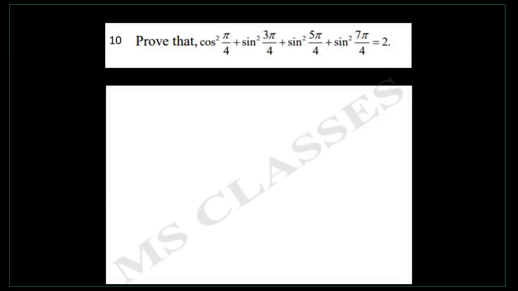It is given to prove that cos square pi by 4 plus sine square 3 pi by 4 plus sine square 5 pi by 4 plus sine square 7 pi by 4.